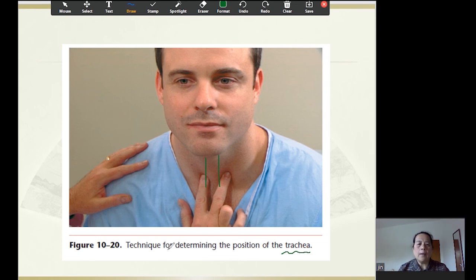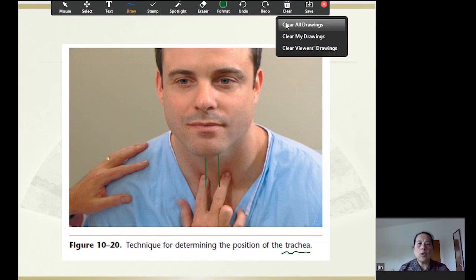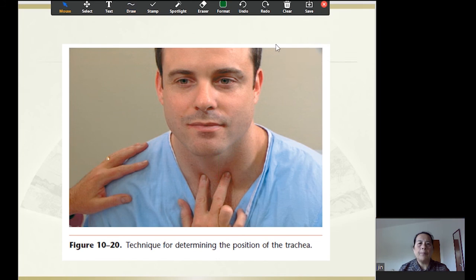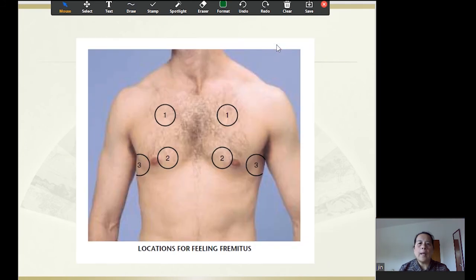If it's in the center, that's normal. If it's not in the center, that's abnormal. So the anterior part is a little special for palpation. Others are pretty similar to the back.